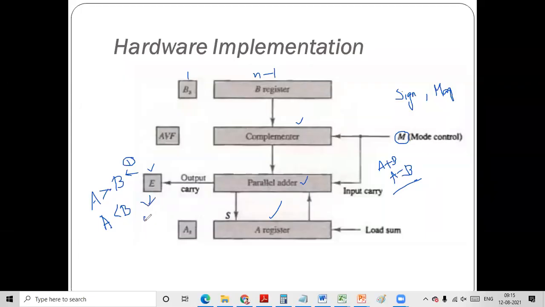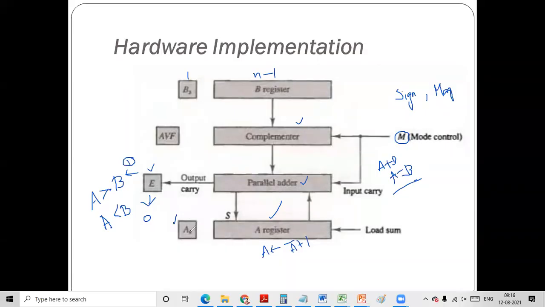If E is 0, it means A less than B, and we did 2's complement addition, so it says that the result is negative. So you have to complement this to get your original result. So A is replaced with A bar plus 1 whenever E is equal to 0. Okay, so this we have retrieved. And about the sign, if A greater than B, AS itself is the sign of the result.